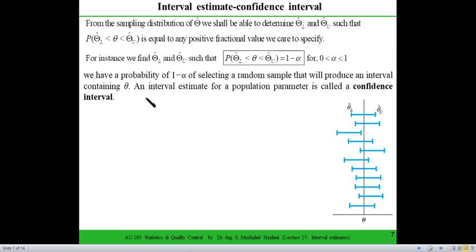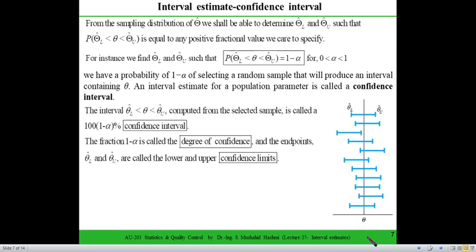So an interval estimate for this population parameter is also known as a confidence interval. So these are all different confidence intervals we have generated from different samples.